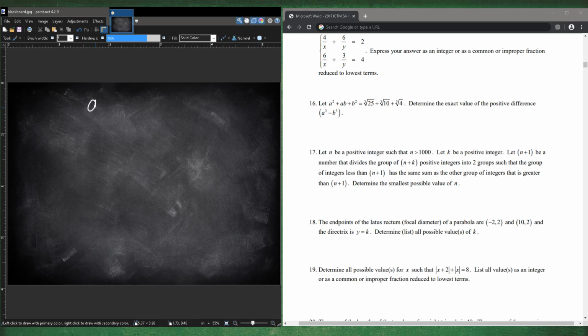Let a squared plus ab plus b squared be equal to the cube root of 25 plus the cube root of 10 plus the cube root of 4. Find the exact value of the positive difference of a cubed minus b cubed. So what you need to know is that it's actually kind of simple.